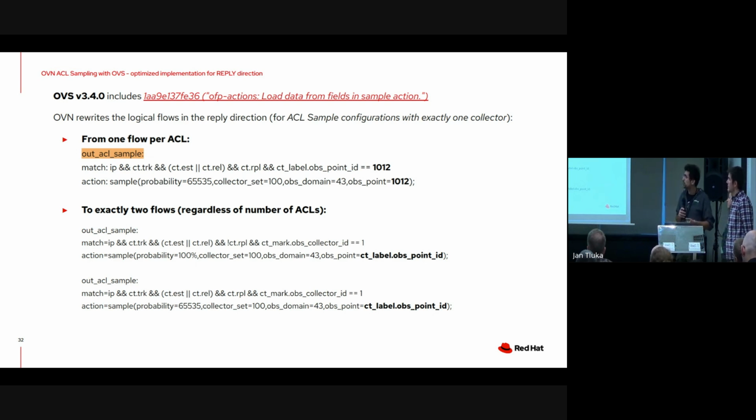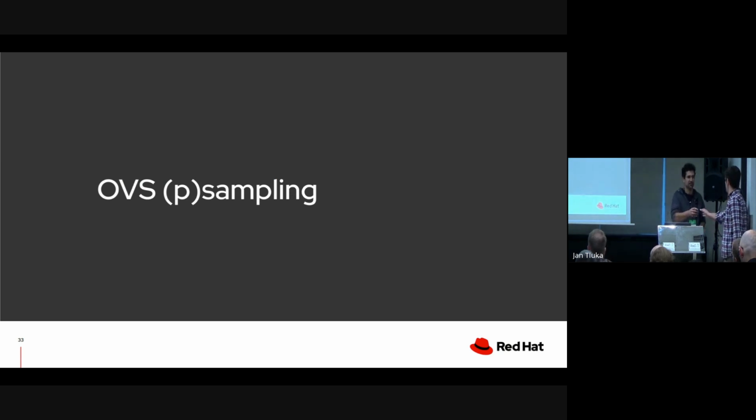If we run with OVS 3.4, we can actually generate, instead of a flow per ACL, we just need two generic flows that load the observation point ID into the sample action directly. So this is a logical flow here, but it's very similar to the OpenFlow that gets generated. And we have two of them because reply and not reply, we could probably merge them, but it's not a big deal. So that's how it looks at OVN level. I'll let Adrian speak about this.